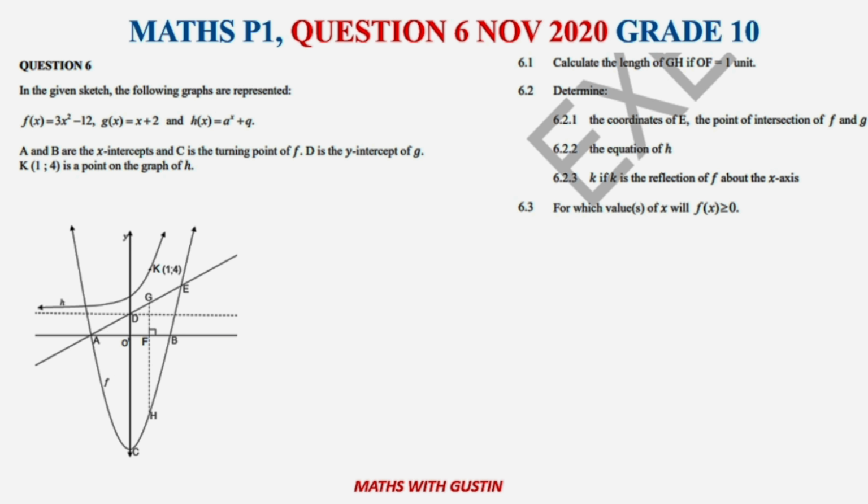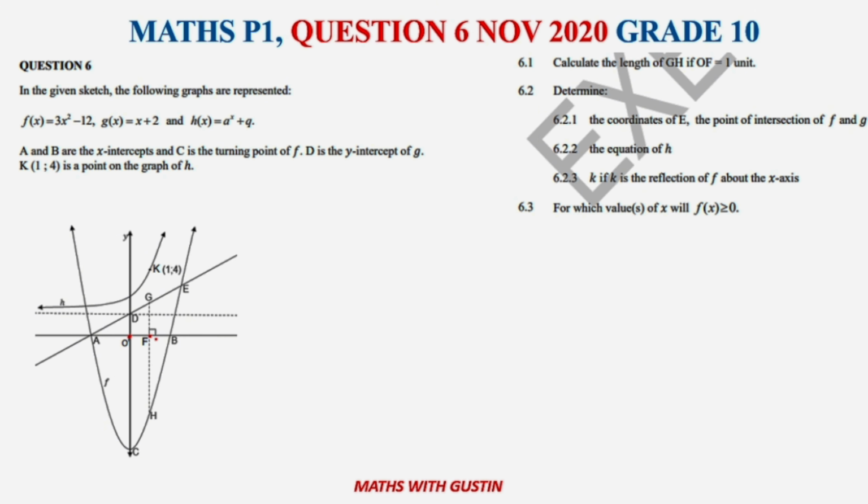6.1 is saying that we need to find the length of GH if OF is 1 unit. If OF is from here to there, it's 1 unit. Now we must find HG.